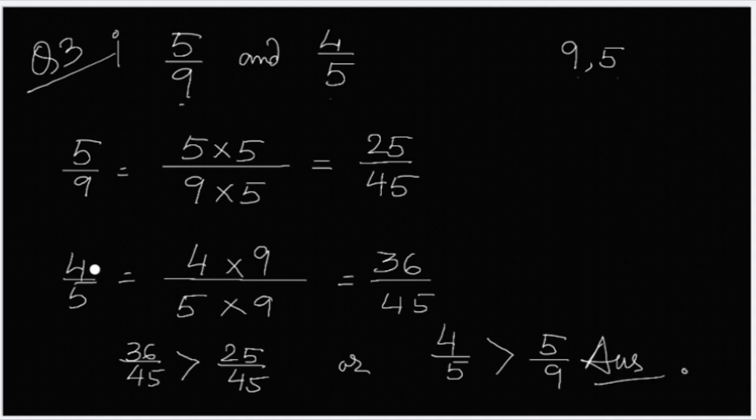Okay. I will do the next sum also with you. 3 subpart 2. Compare 9 by 16 and 5 by 9. So again 9 and 16, they are co-prime numbers. You don't have any common factors.